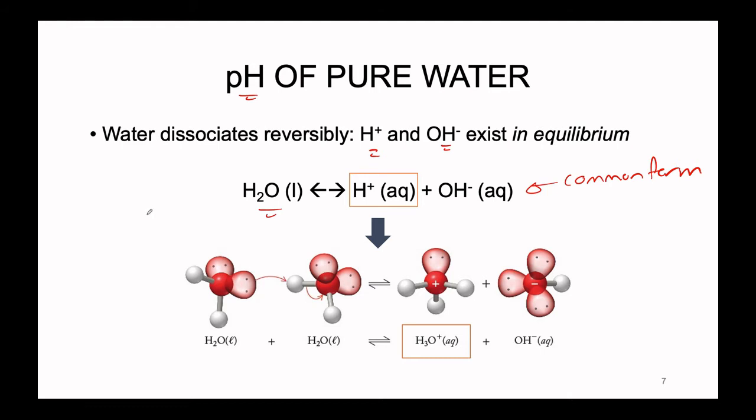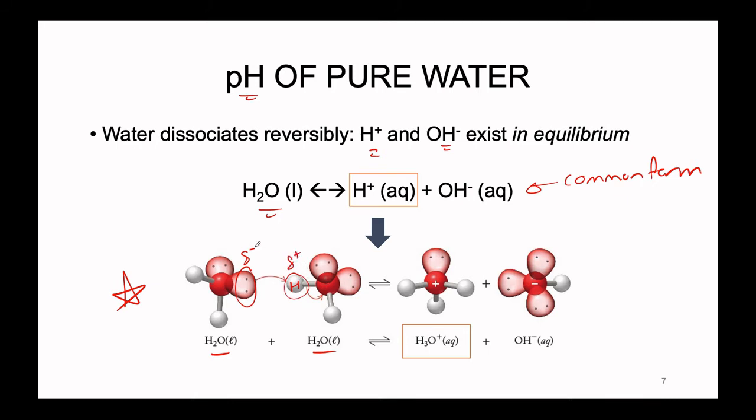What is actually happening, the more technically correct version of the reaction, is listed below. We have 2 water molecules coming into contact with each other, colliding with each other. Now, this collision is what is going to allow the apparent dissociation to happen. We have this partially negative lone pair present on our oxygen here that is going to reach out and grab a hydrogen from another water molecule with a partially positive charge.